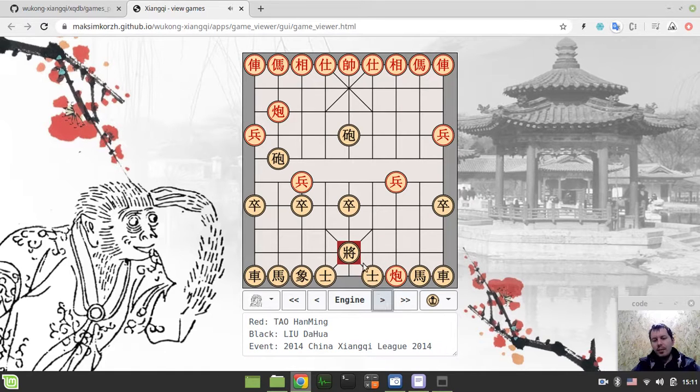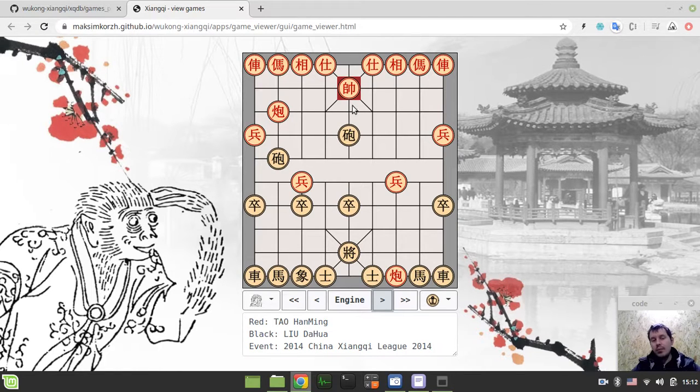Okay, another interesting move, a fantastic move. Instead of defending like this, which is also a defense from a check, Liu Dahua does a different thing. He just goes forwards with his king, and now this is another defensive move. If black didn't do this, then after this next check, he would be checkmated again.